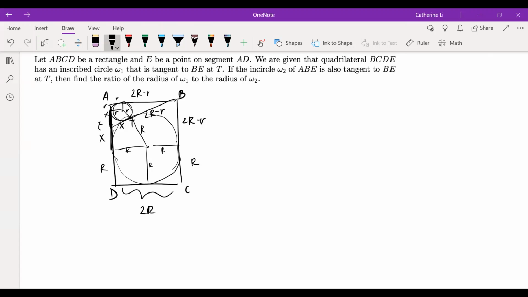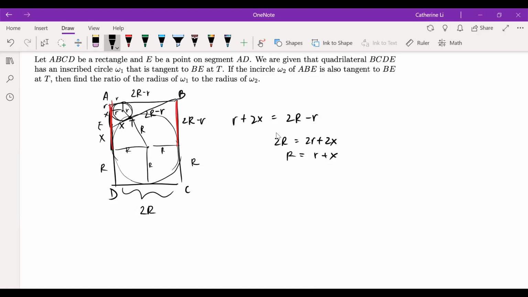I guess first we do know that r plus 2x is equal to 2R minus r. If we look at this red side and this red side, because it's a rectangle, which means that 2R equals little r plus 2x. So big R equals r plus x.